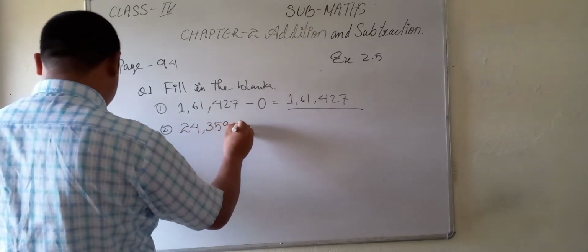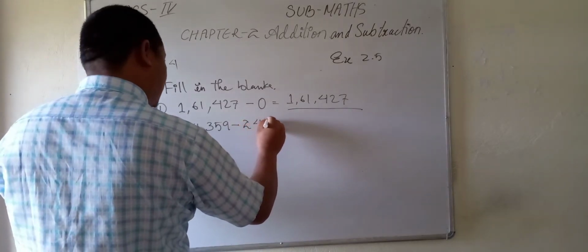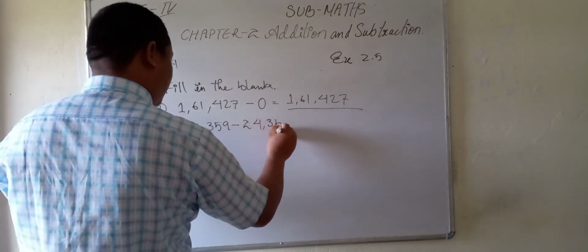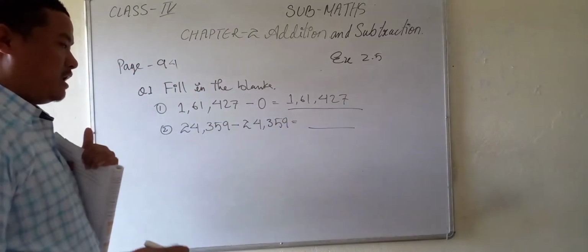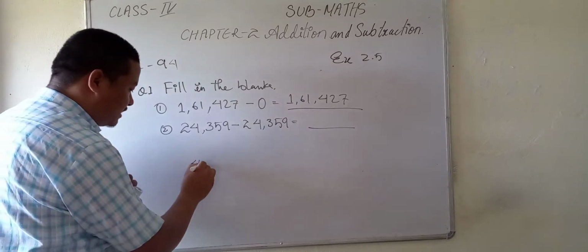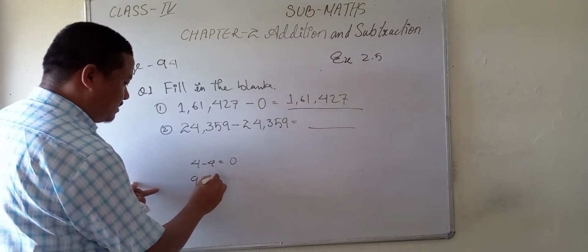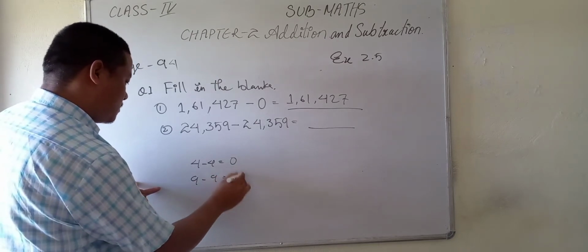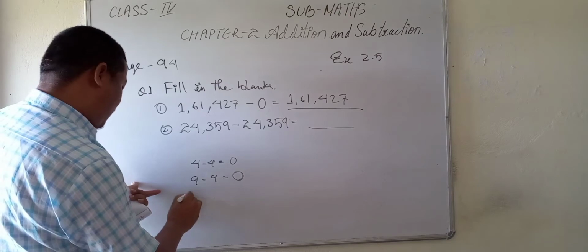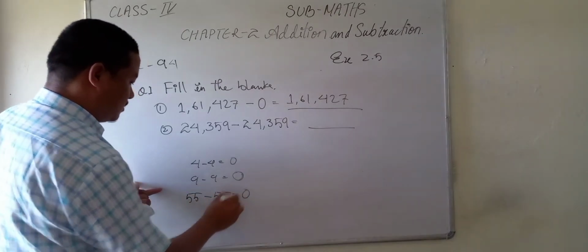24,359 minus 24,359. How much will you get? Look, suppose 4 minus 4 will get 0. 9 minus 9 will get 0. 55 minus 55 will get 0.